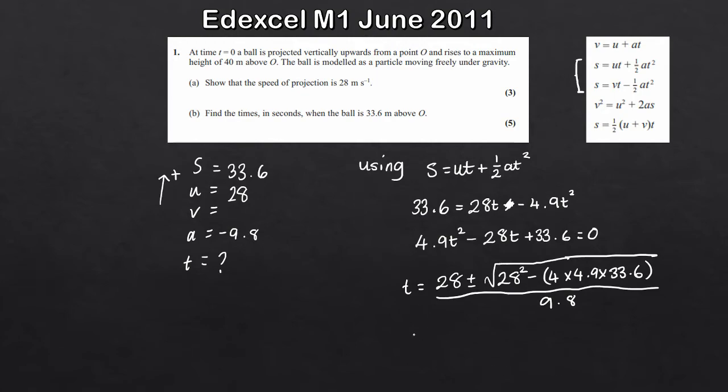So now all you need to do is start simplifying this and work out your two values. It gives me 28 plus or minus the square root of 125.44, divided by 9.8. Because it's plus or minus, we get our two solutions. So in that case, we get T equals 4, and we also get T equals 12 over 7.